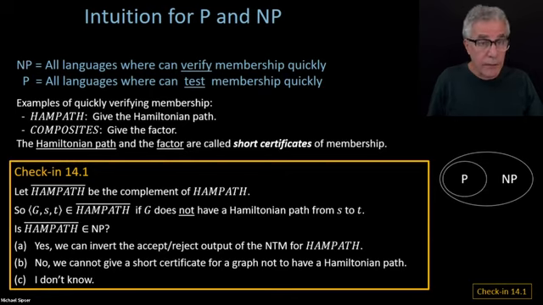Non-determinism does not work that way. If you remember, the complement of a push-down automaton is not a push-down automaton. If you have a non-deterministic machine and you invert all of the responses on each of the branches, it's not going to be recognizing or deciding the complementary language.